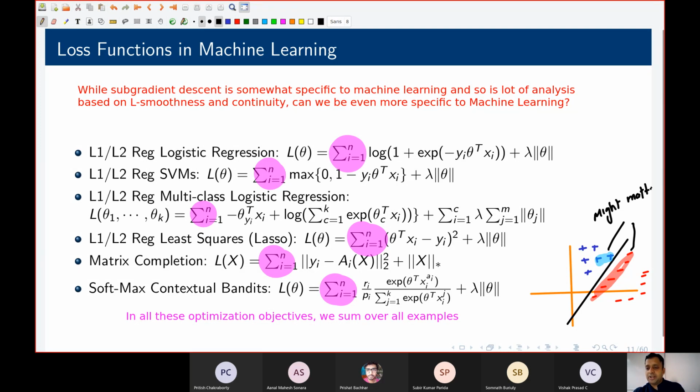In fact, I will be motivating subset selection later on when we do some modular optimization very soon, also from this itself. So I'll say that there's a subset that might matter more. In general, a subset of the data points might matter more. What that subset is, is an interesting thing to identify.